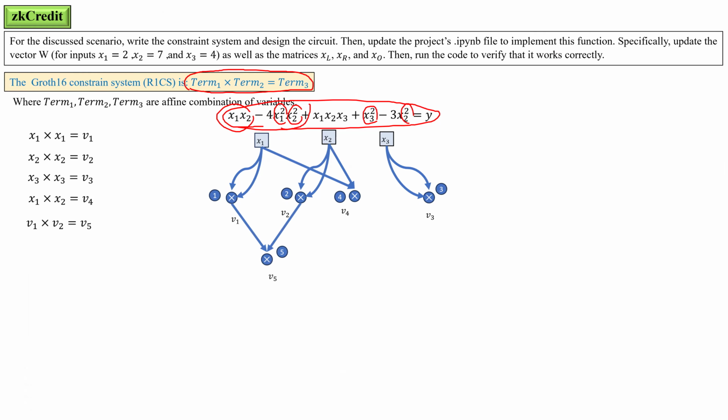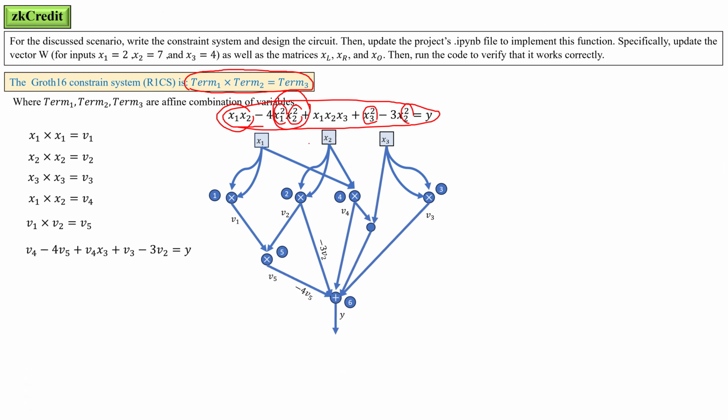So multiply these two parts to each other to have v5, and then add all of these values to each other, and finally reach the value of y.